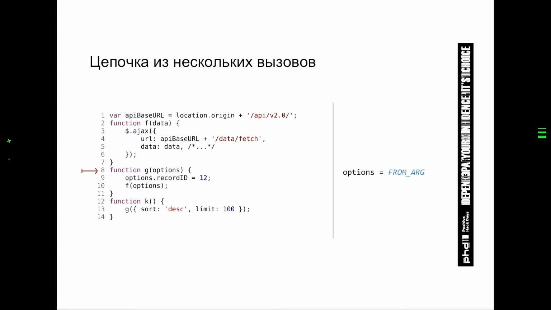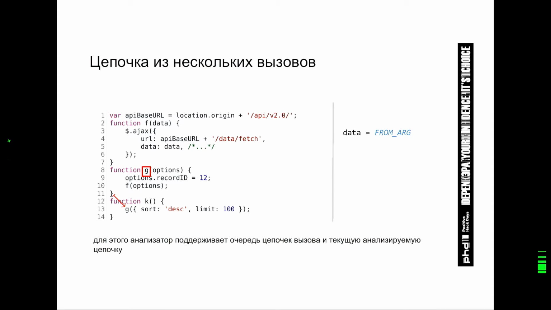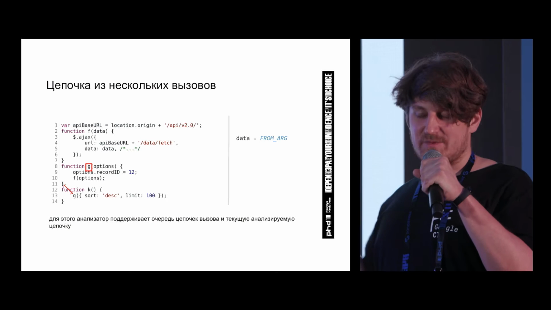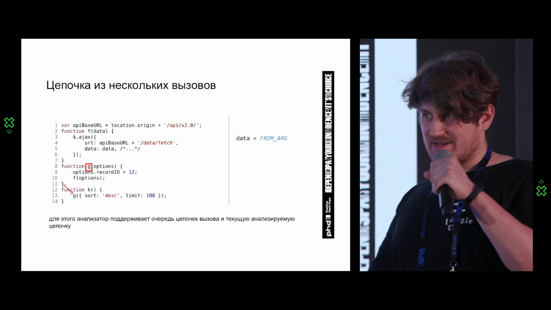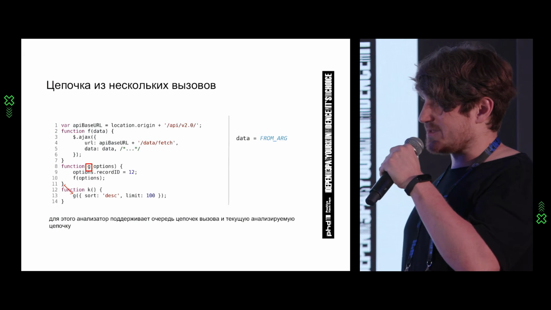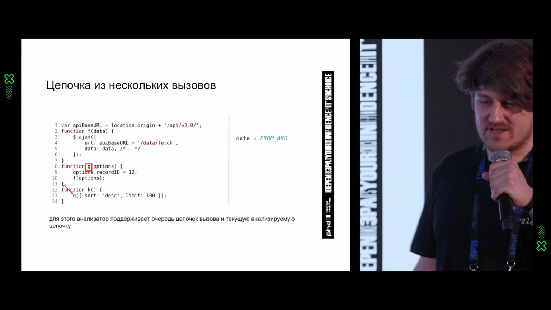So first we calculate f from arg, then when we enter f, it again reads from arg. So the analyzer understands, okay, now we need to search for G to find more precise arguments.